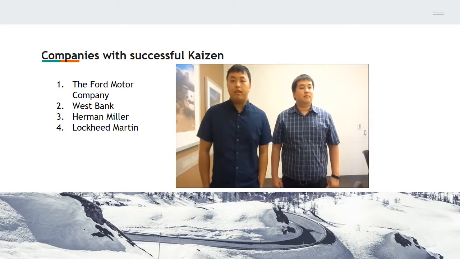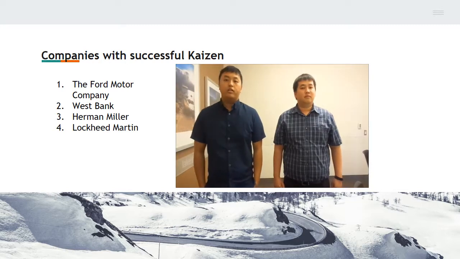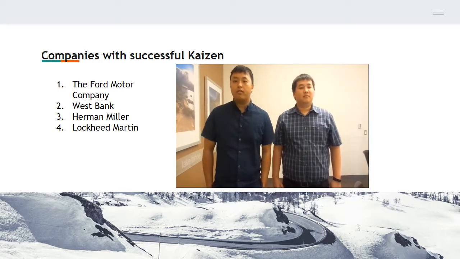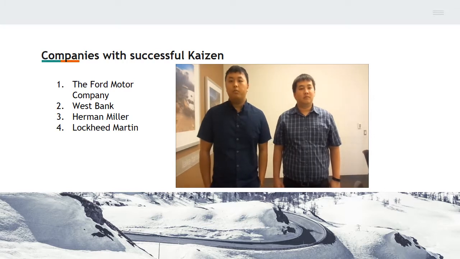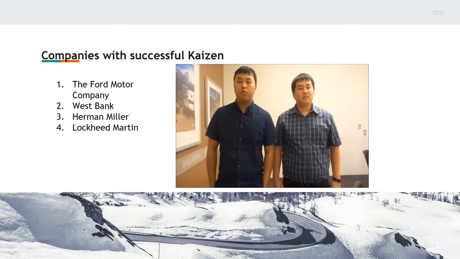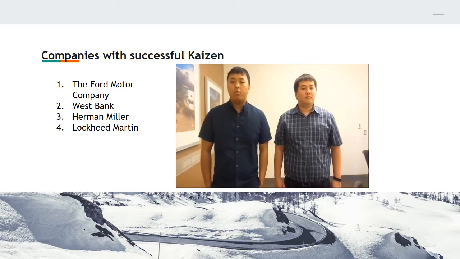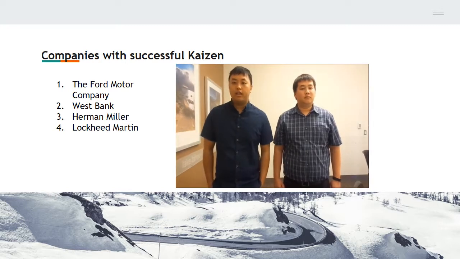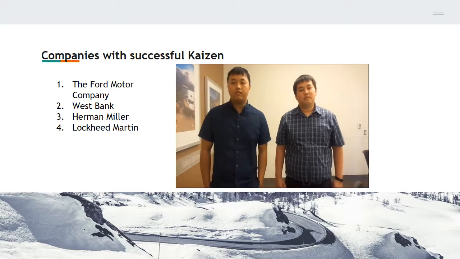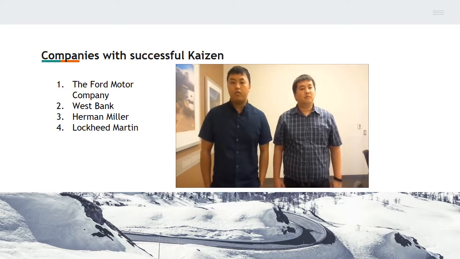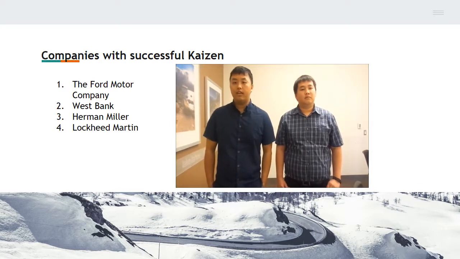Another successful company that has used Kaizen was Herman Miller. Herman Miller is an American office furniture company that is best known for producing the Aeron Chair, one of the most well-known task chairs. Business magazine Fast Company reported back in 2012 that Herman Miller had adopted Kaizen and enjoyed a resulting 500% increase in productivity and a 1,000% increase in quality since 1998.